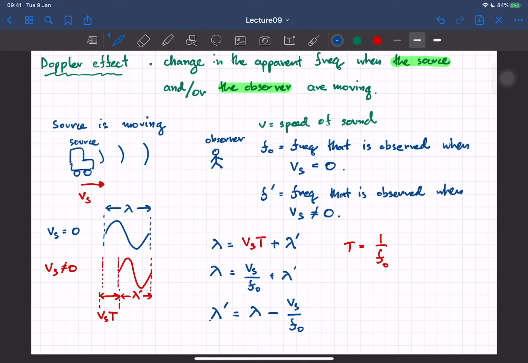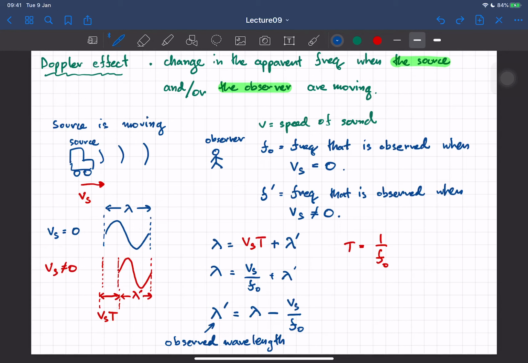Okay, so this thing here is the observed wavelength. So you can see that it's kind of consistent with what we are using for the frequency, right? So you can either talk about the observed wavelength or the observed frequency like this.